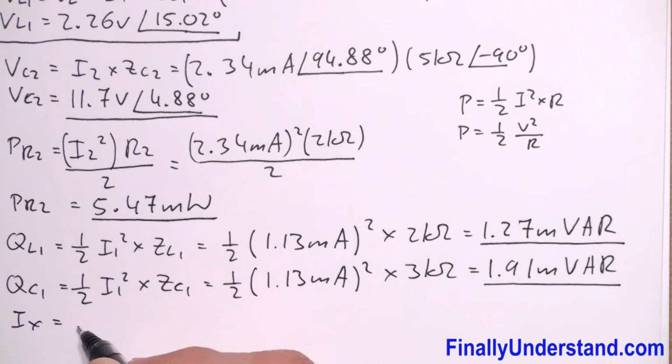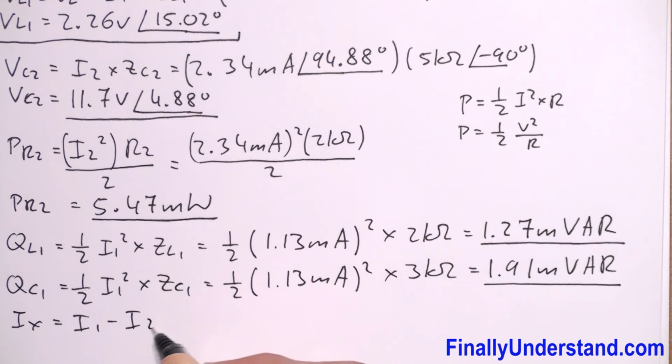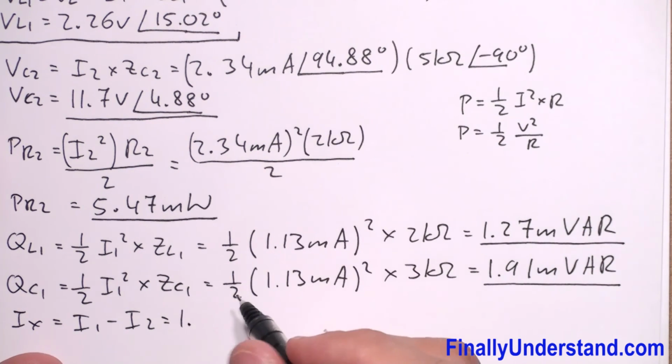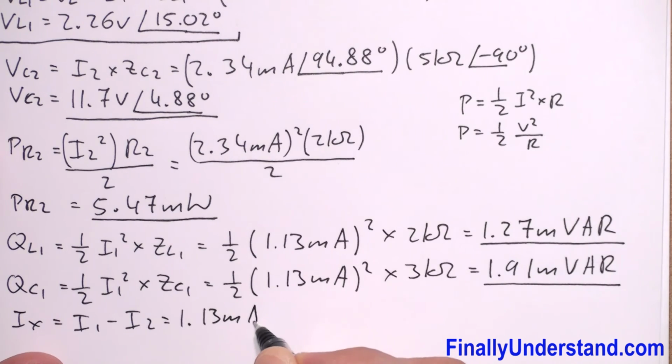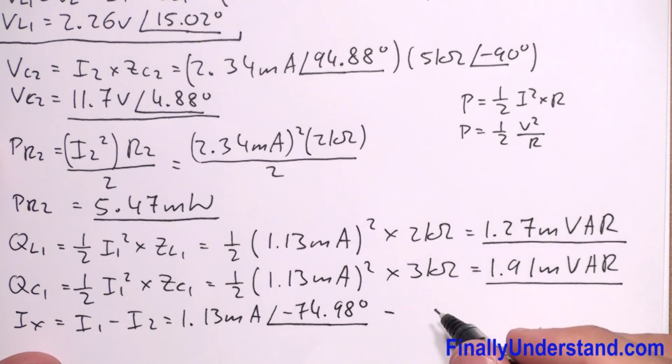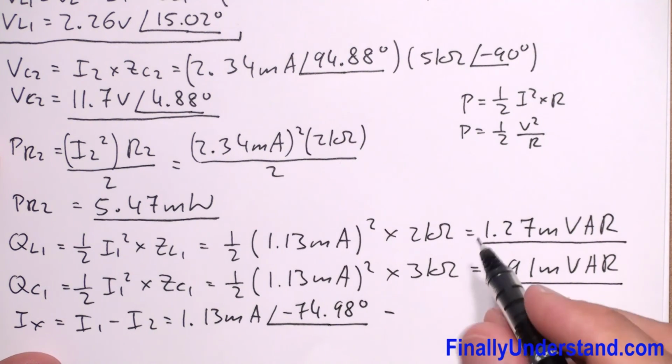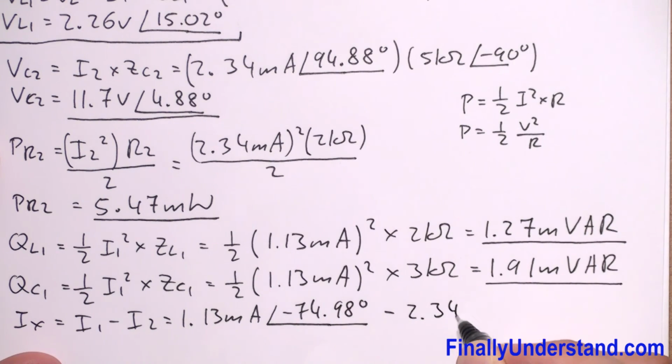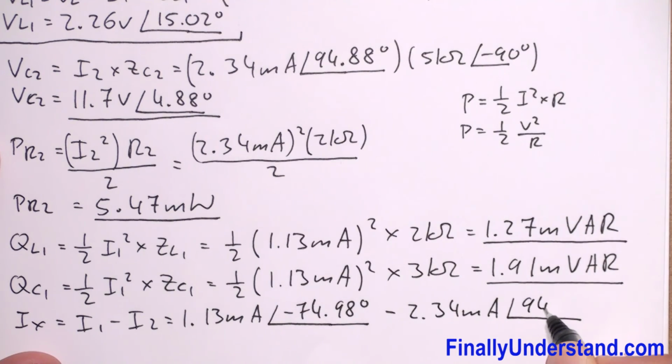So I have Ix is equal I1 minus I2, where I1 we found is equal 1.13 milliamps and angle of negative 74.98 degrees, minus I2, which is equal 2.34 milliamps and angle of 94.88 degrees.